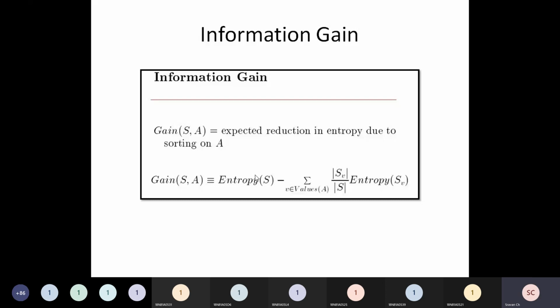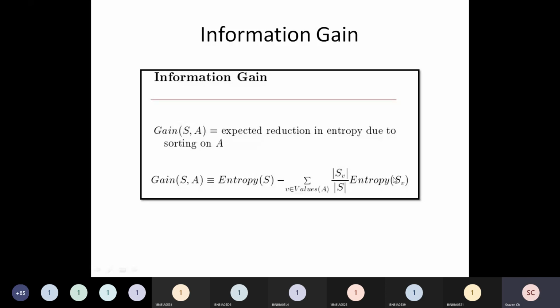How do I calculate information gain? This is the formula. Gain of S comma A is equal to entropy of S. So entropy I'll calculate on the entire data set, and that value I'll use, minus sigma of SV by S into entropy of SV.